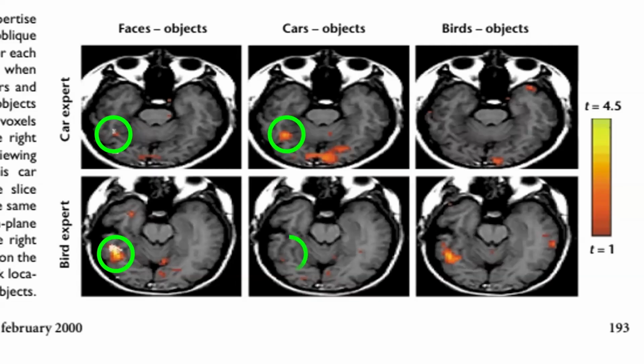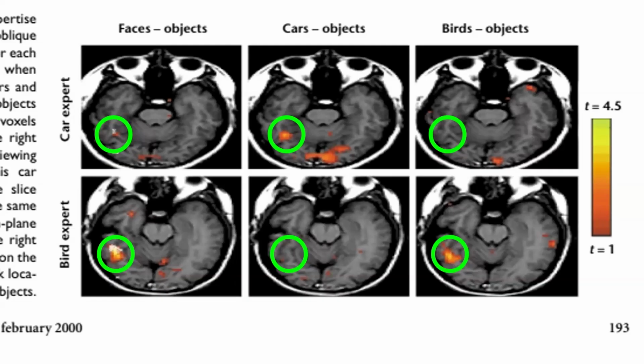But when you show cars to bird experts, that area does not light up. And it's not just because bird experts don't have a very active fusiform face area, because when you show birds to car experts, we get no activation. But when you show birds to bird experts, we get a lot of activation in the fusiform face area.